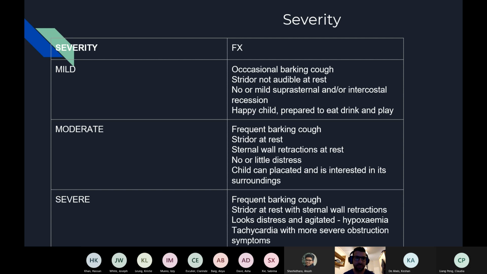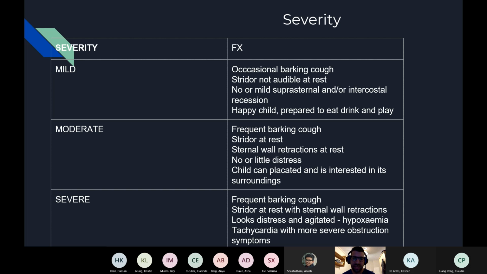And you basically grade it. So this is how you grade its severity. They don't use this, by the way, but this is how it was done when I was at the Royal Free, and it's something to be aware of. If it's mild, sometimes they get a barking cough, but they don't have any stridor at rest, no increased work of breathing, and they're very happy, prepared to eat, drink, and play.